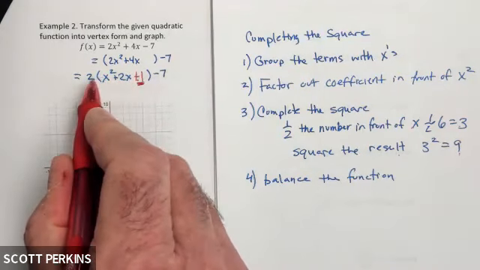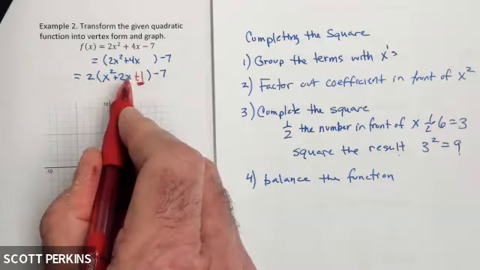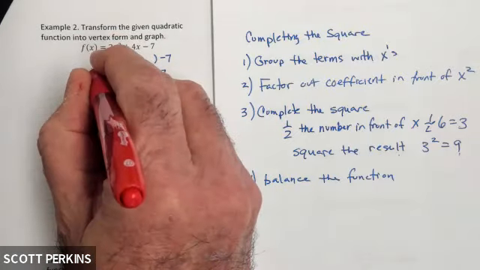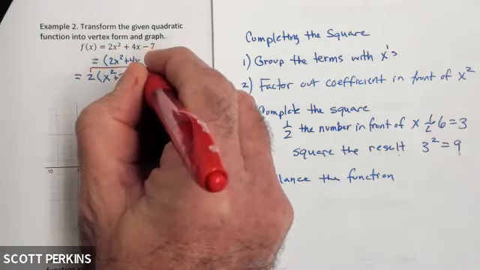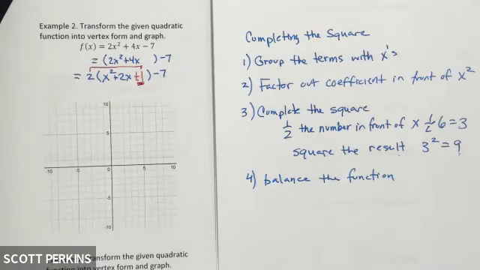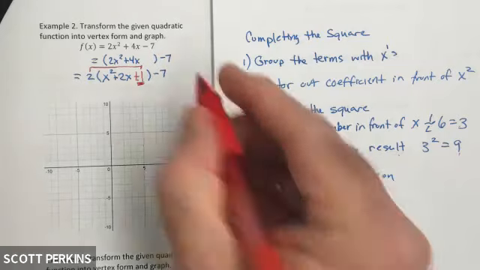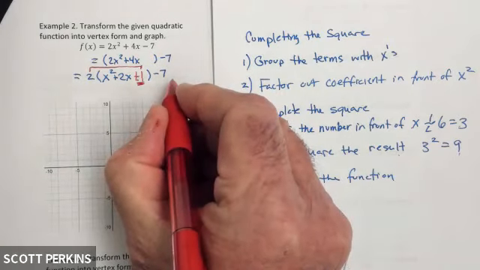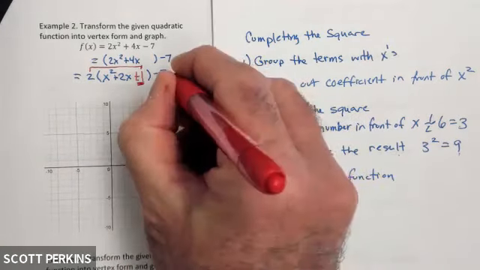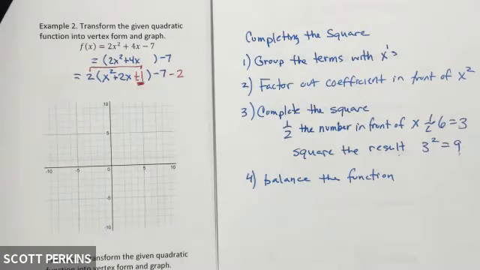I've really added 2, because 2 times 1 would be 2 if I redistributed. So what would you say then I have to subtract out here to keep this in balance? Okay, 2. So be careful in keeping it in balance. That is the most common mistake.